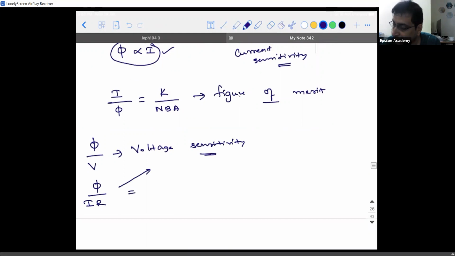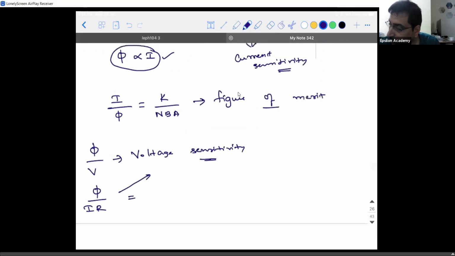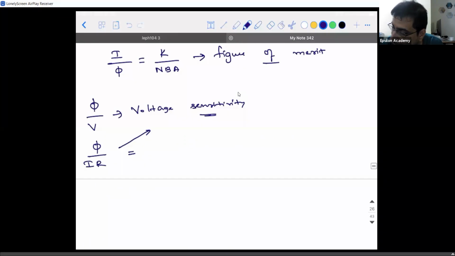But what is phi by I? Phi by I is NBA divided by K. So NBA divided by K into R is what we call voltage sensitivity. Am I clear with this? Right?